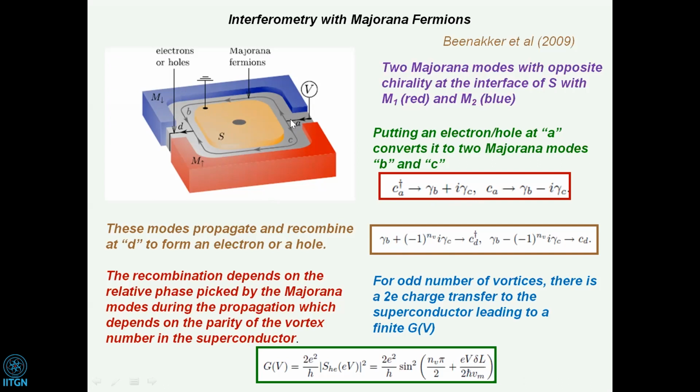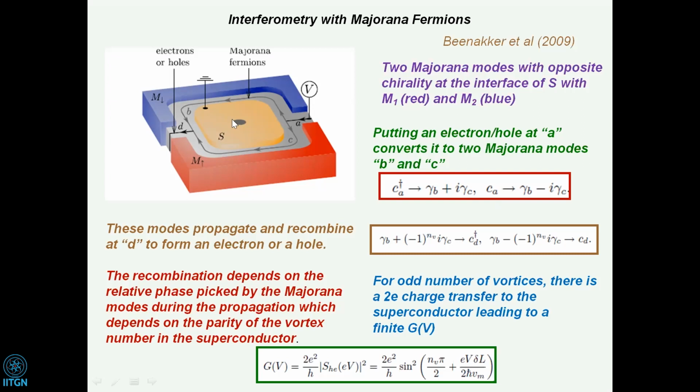So you start with an electron which is given by this gamma B plus i gamma C, and you end up with gamma B minus i gamma C, which is like an electron destruction operator, which means that you have created a hole. A destruction of an electron is analogous to creating a hole, and the remaining 2e charge has gone inside this superconductor.